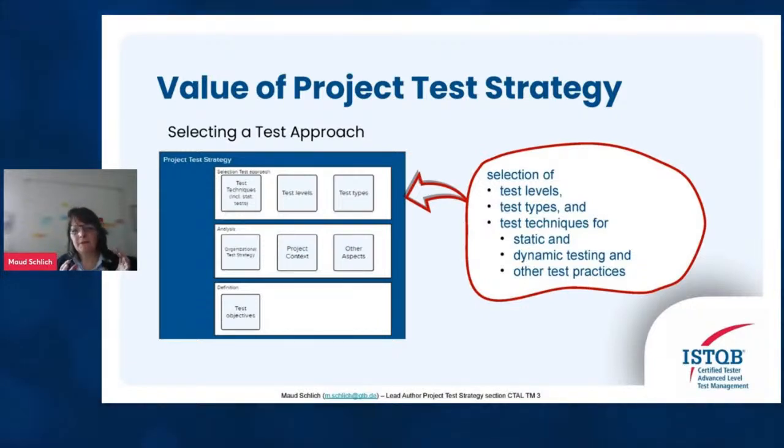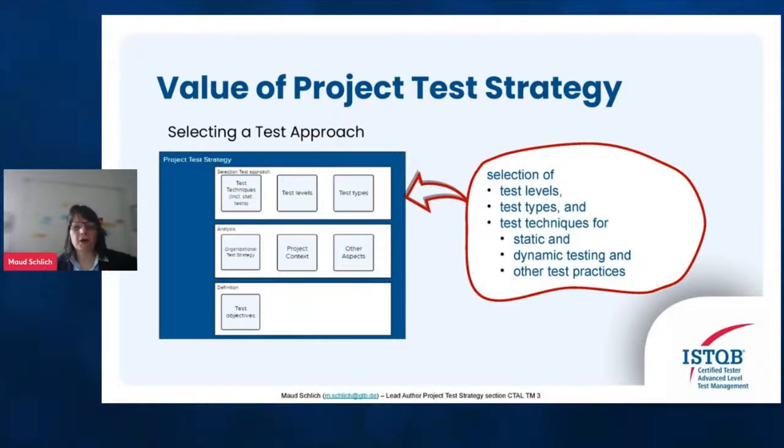This is something you need to check out depending on what is at which test level the best kind of approach to continue. What test types, what test techniques should you use at which type of test level? And you combine any of these.